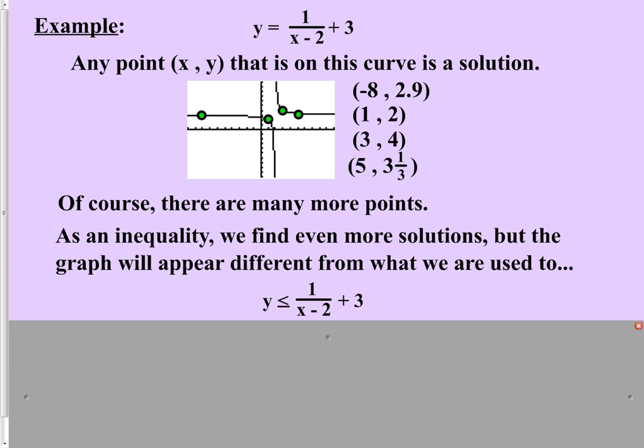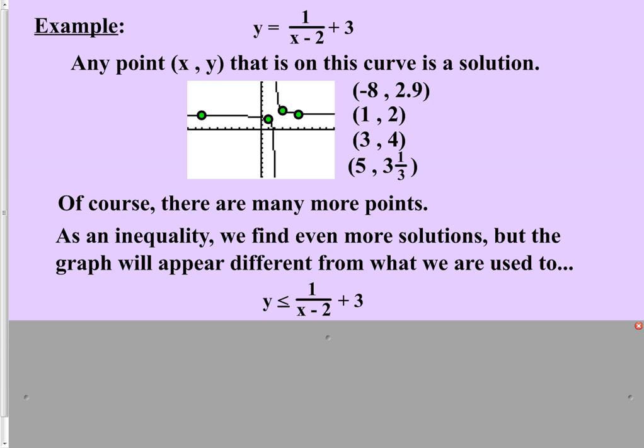Now, let's say that we take this same equation from the top of the screen, and instead of an equation, we allow it to be an inequality of some kind. When we did the square root function, we saw very easily that we had to shade a particular direction from the graph. That's nothing new. That's just the way inequalities work.